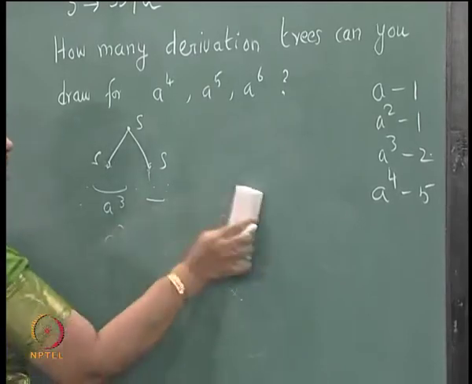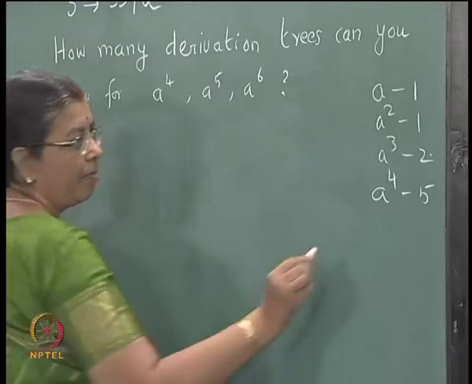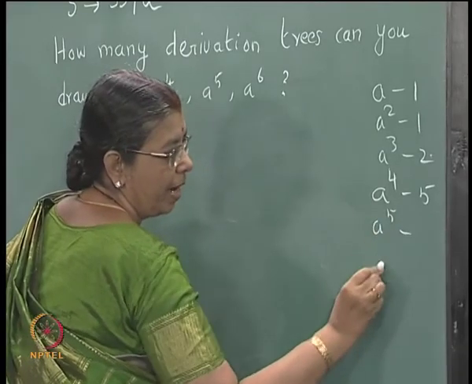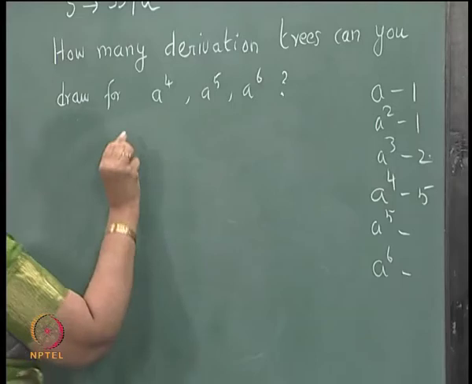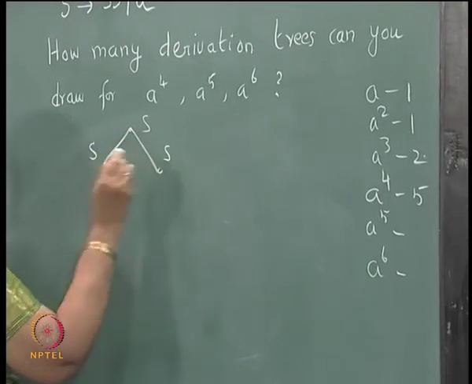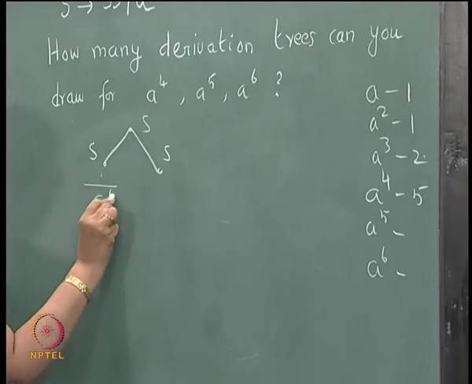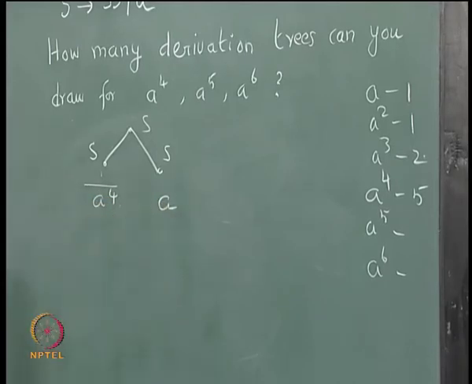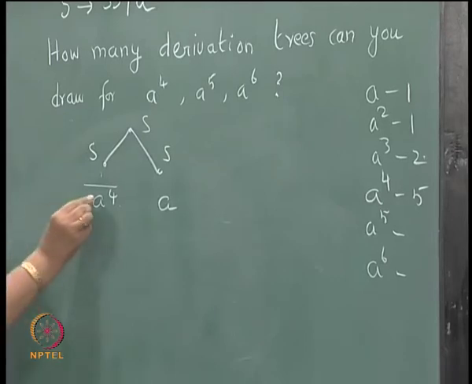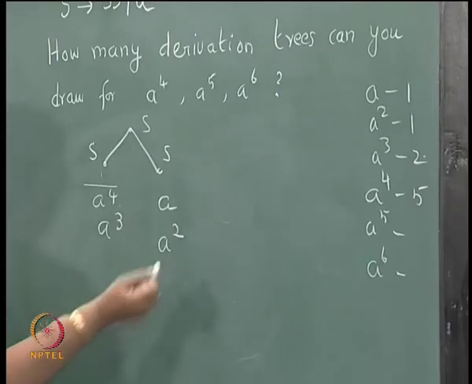Now, in a similar manner you have to calculate for A power 5 and A power 6. Now, if you take A power 5, the first step of the derivation tree will be like this. Now, from this S you can derive A power 4 and from this S you can derive A, that is one possibility. Then from this S you can derive A cubed and from this you can derive A squared.